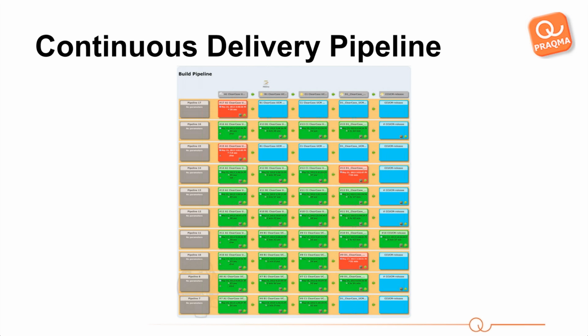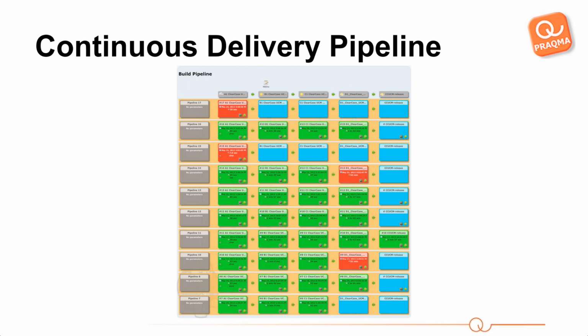The picture you see here is just for a small plugin for Jenkins, the one that integrates ClearCase UCM with Jenkins. That's a plugin that we developed for one of our customers, and this is the release pipeline. It's very typical that the last column you see here, named release, is a manual process.